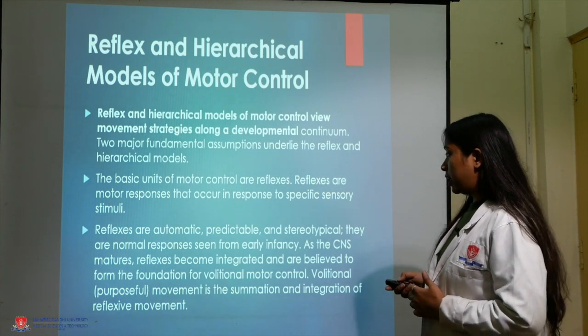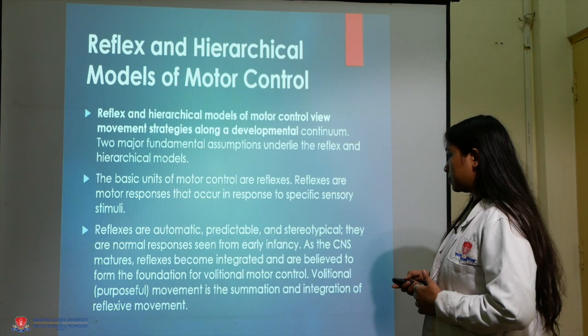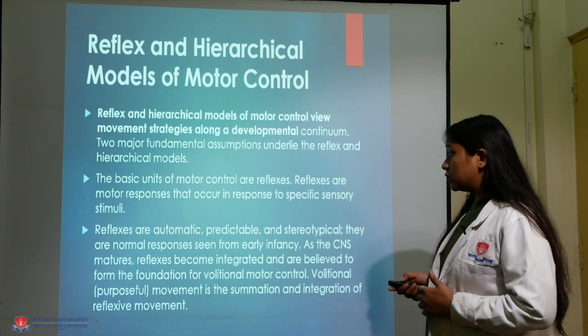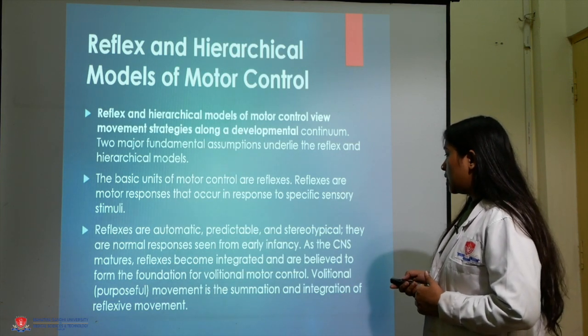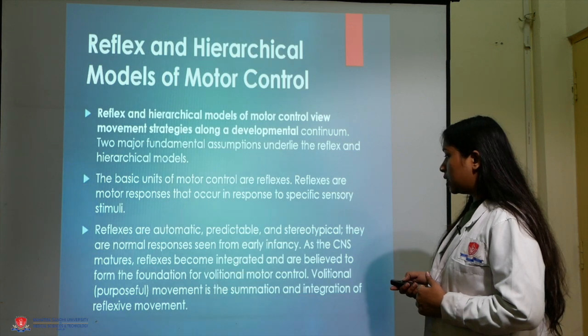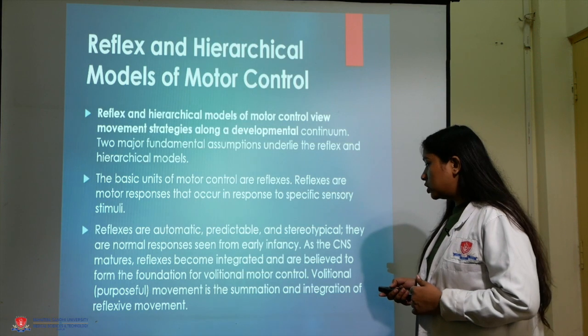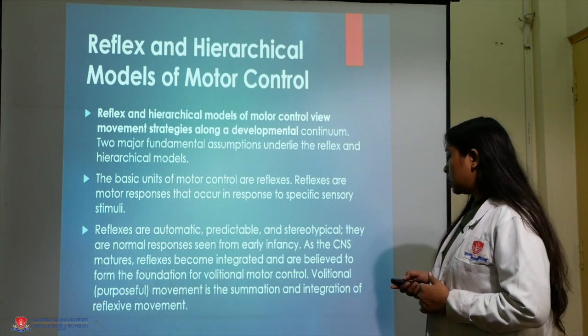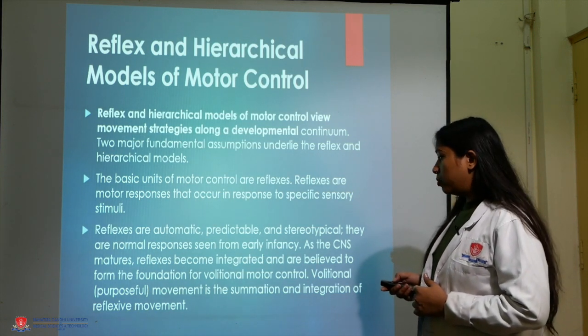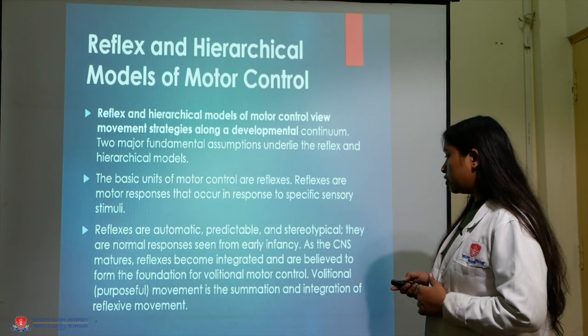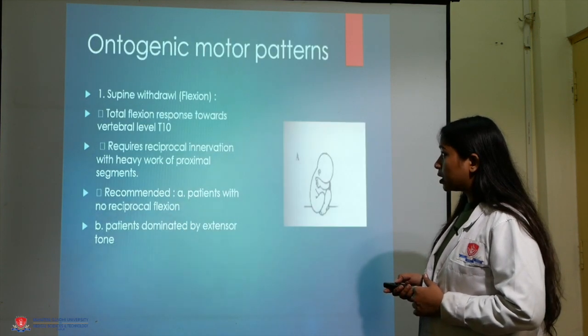Reflexes are automatic, predictable, and stereotypical. They are normal responses seen from early infancy. As the CNS matures, reflexes become integrated and are believed to form the foundation for volitional motor control. Volitional, that is purposeful movement, is the summation and integration of reflexive movement.